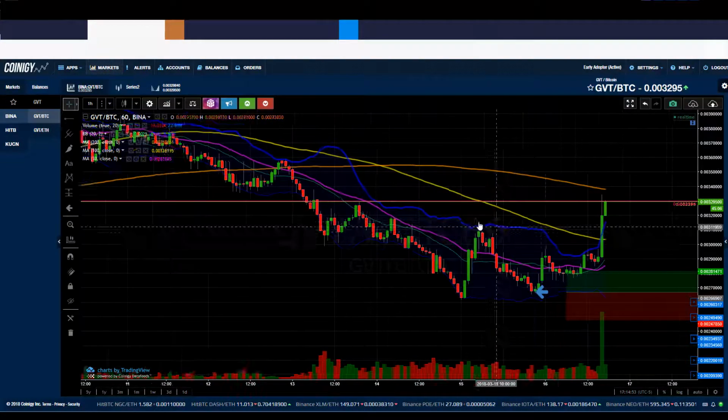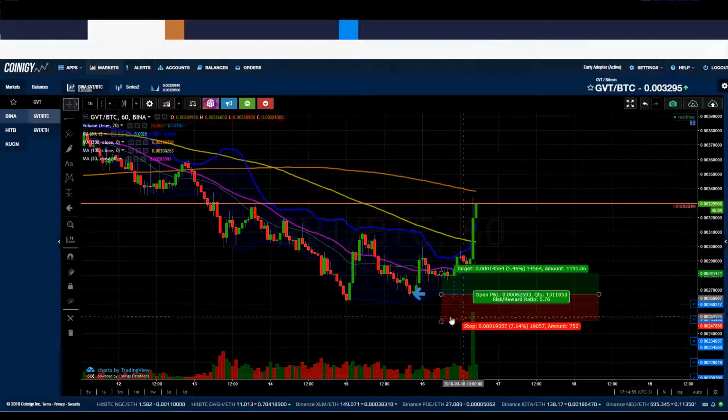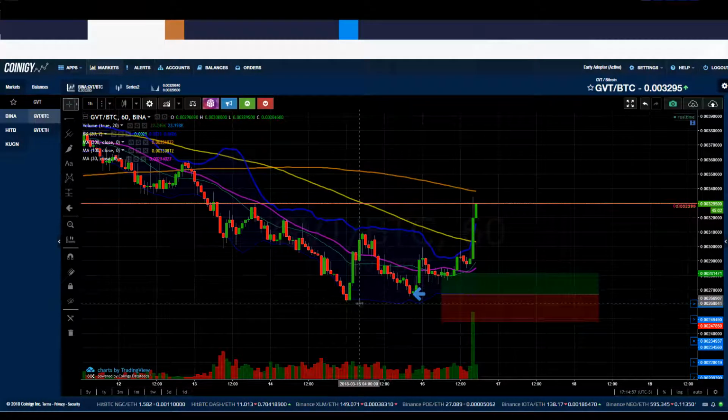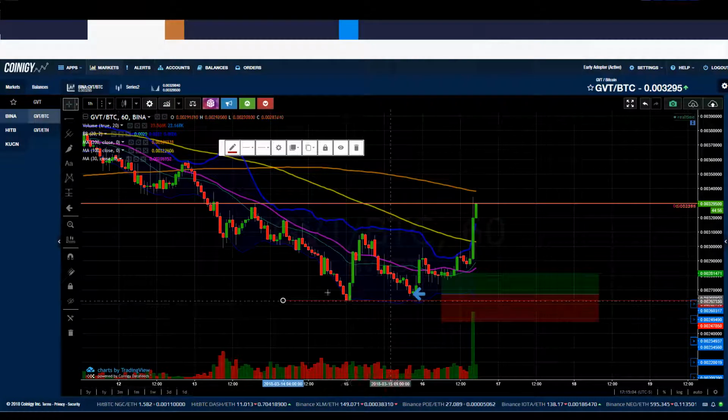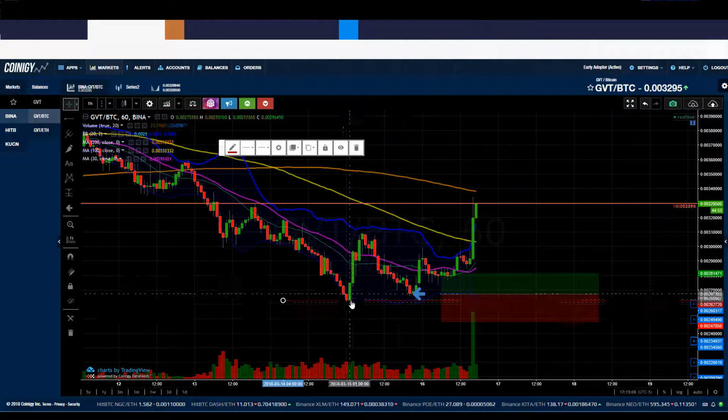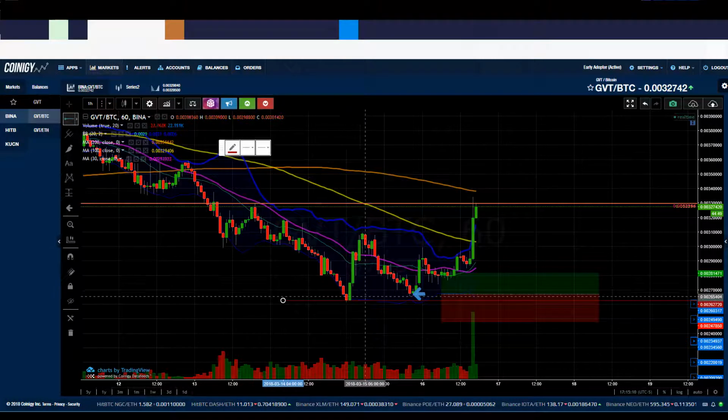So if you just look at support and resistance, you can see right here this support line. I would consider it weak because it's only been tested once, but it didn't even reach that. Now you'll see this a lot in the crypto market.